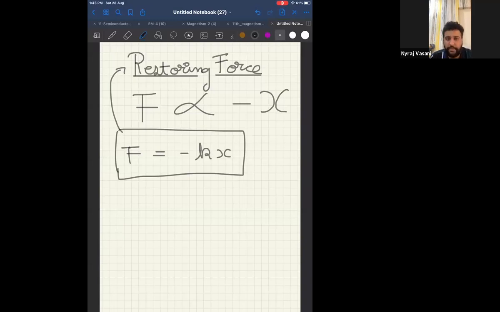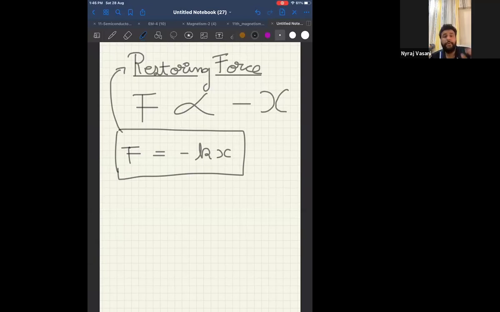Now, can I say you know how the formula came? Force is directly proportional to displacement, but it takes place in the opposite direction. Therefore, F is directly proportional to minus X. If I replace the proportionality sign, I get a constant.